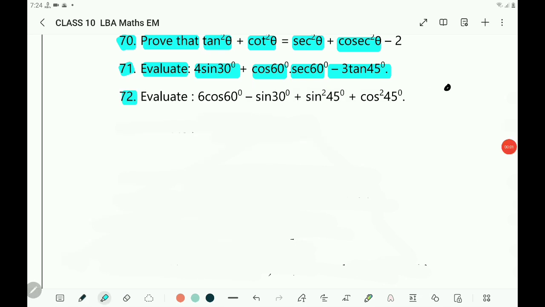Question number 72. Evaluate 6 cos 60 degree minus sin 30 degree plus sin square 45 degree plus cos square 45 degree.